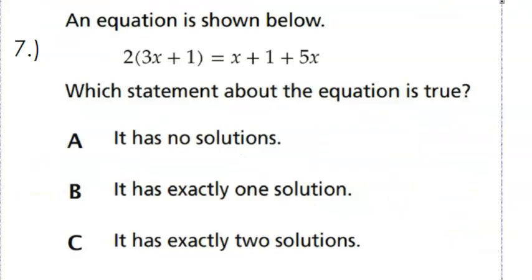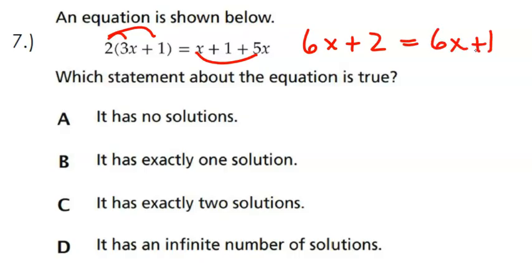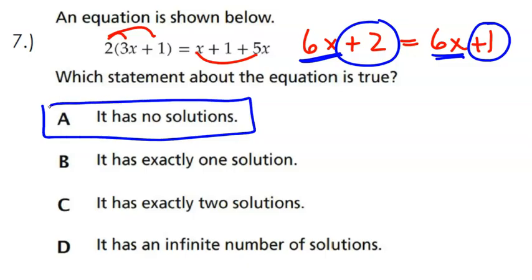Number 7 asks you which statement about the equation is true. How many solutions does it have? Well, let's take a look. If I distribute on this side, I'll get 6x plus 2. And if I combine like terms on that side, I get 6x plus 1. And whenever you have the exact same variable term on both sides, you cannot have different constants. It's not possible. So that means it has no solutions.